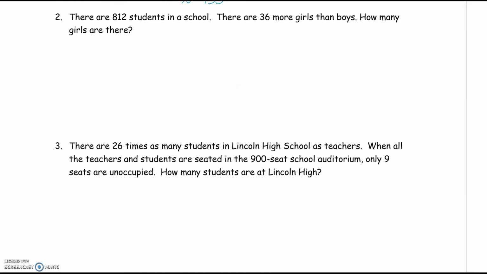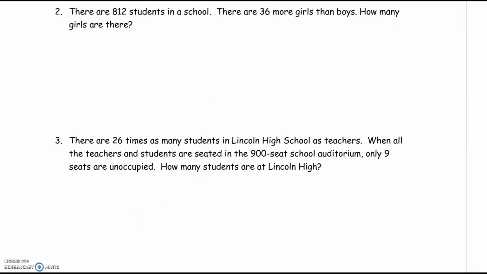There are 812 students in a school. There are 36 more girls than boys. How many girls are there? So I'm going to let G represent the number of girls. I'm going to let B represent the number of boys.